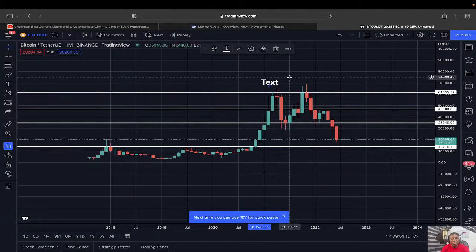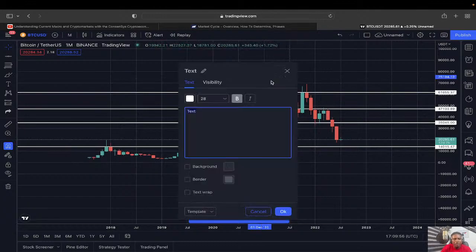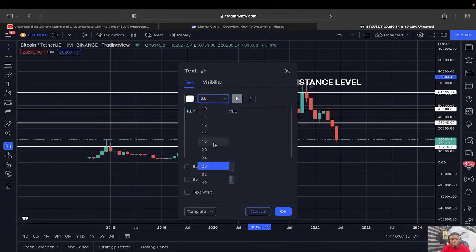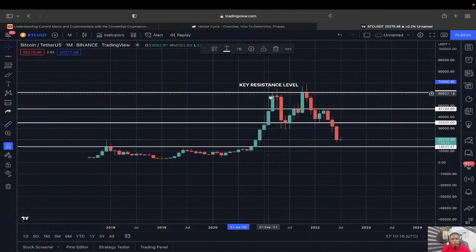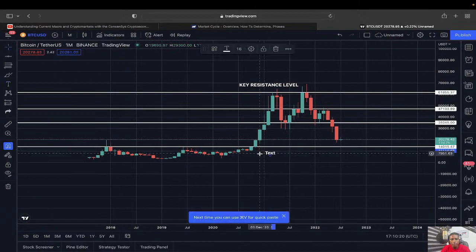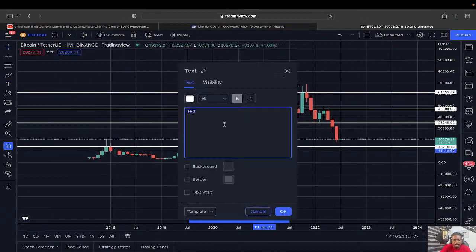Let me identify it here as the key resistance level, and here some key support level.